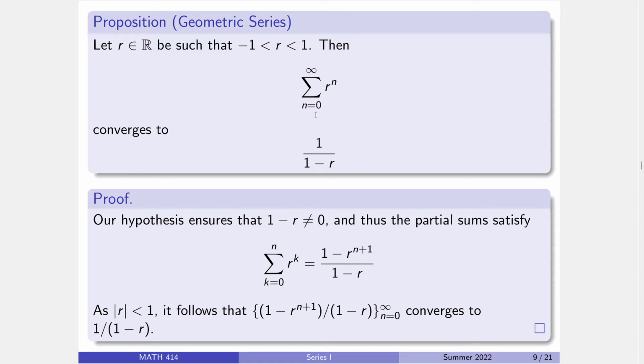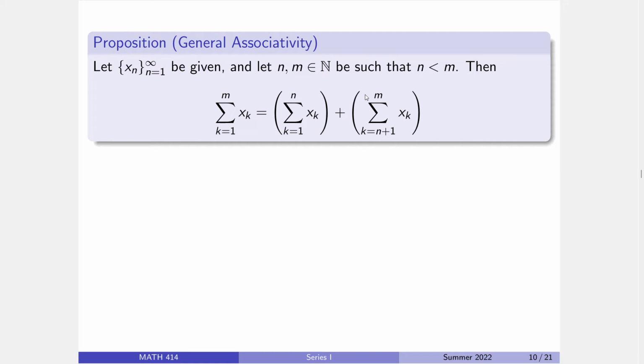So that will give us a tool for manipulating series. All right, and by that I mean we're going to need to prove this little result here, which says: give me a sequence and give me natural numbers, so that n is strictly less than m. Then if I sum my way up to m, that's the same thing as summing my way up to n and then summing up the rest.